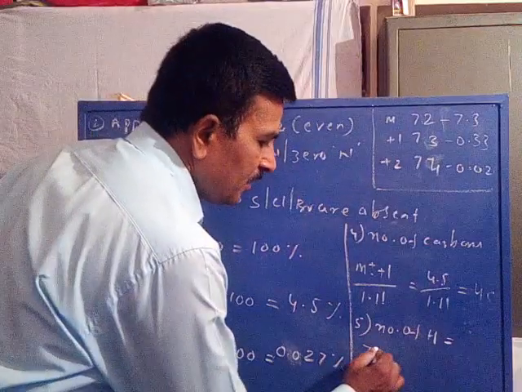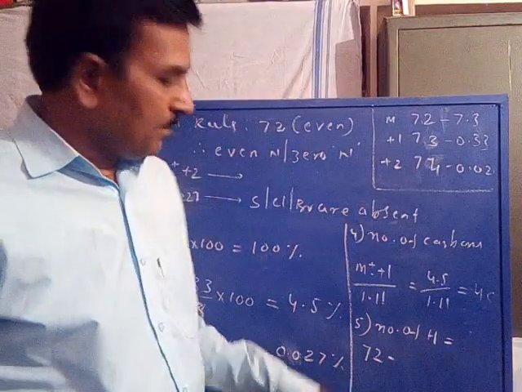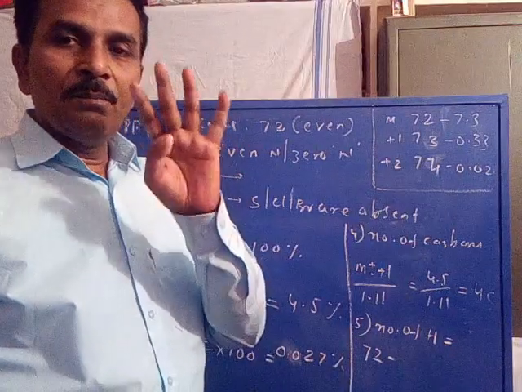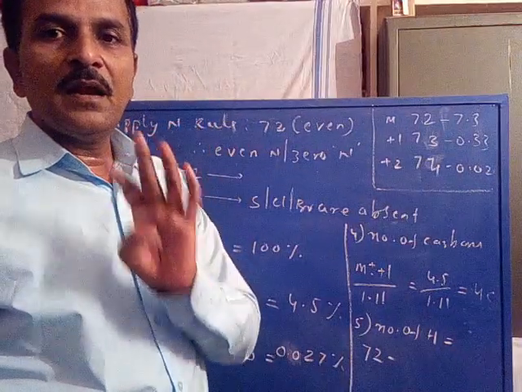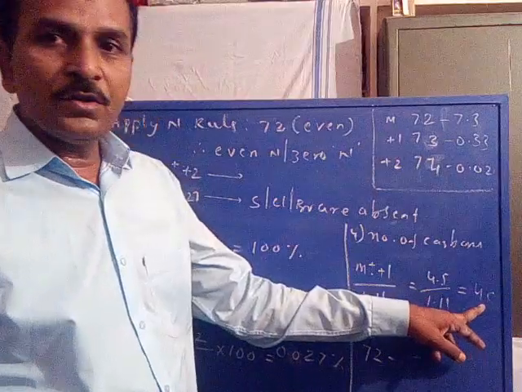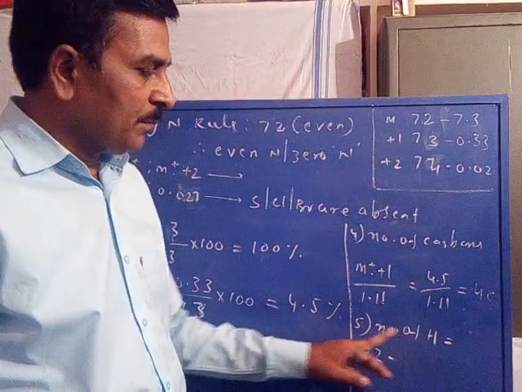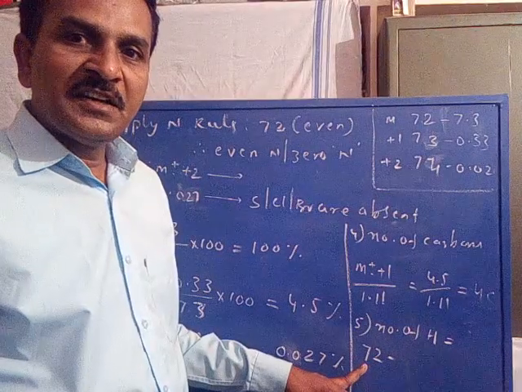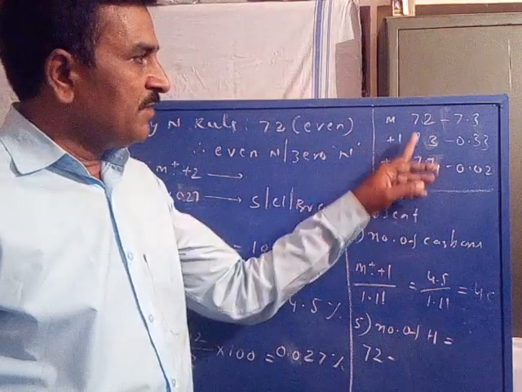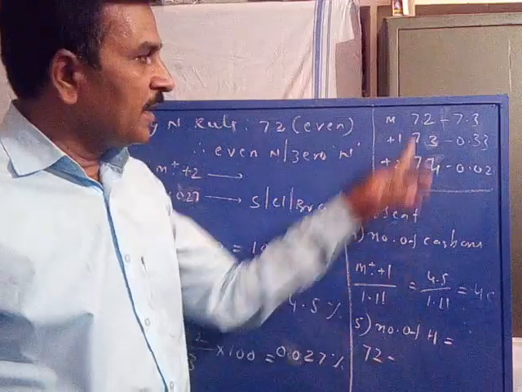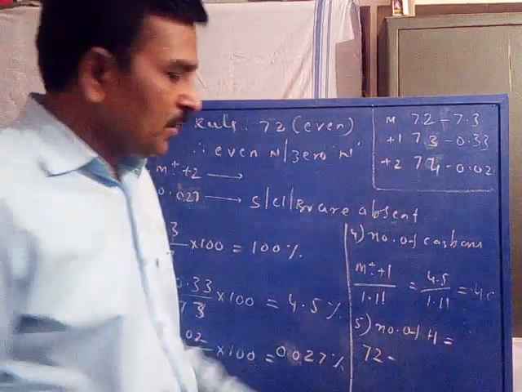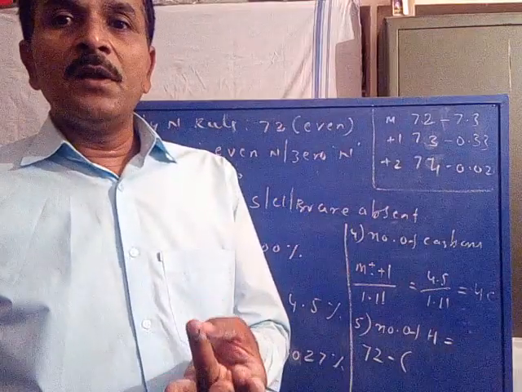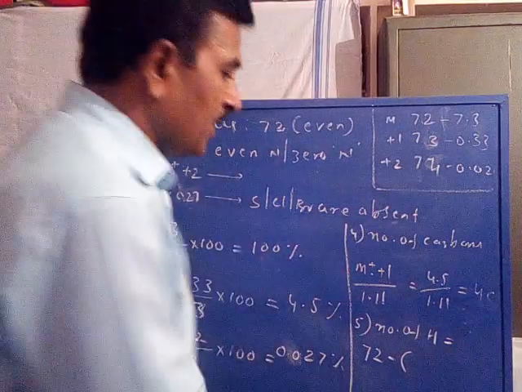Therefore 72 minus the 4 carbons we predicted in the fourth guideline. Each carbon mass is 12, therefore 4 carbons become 48.